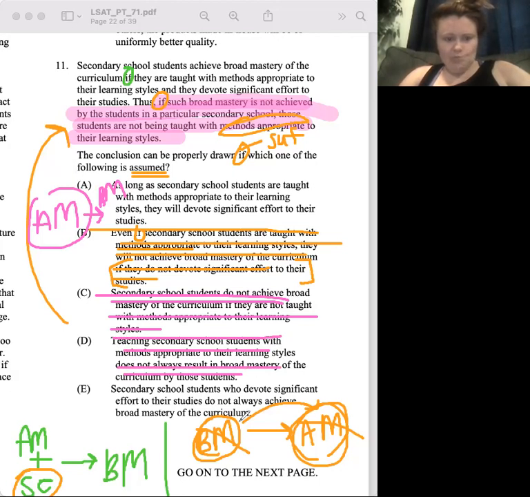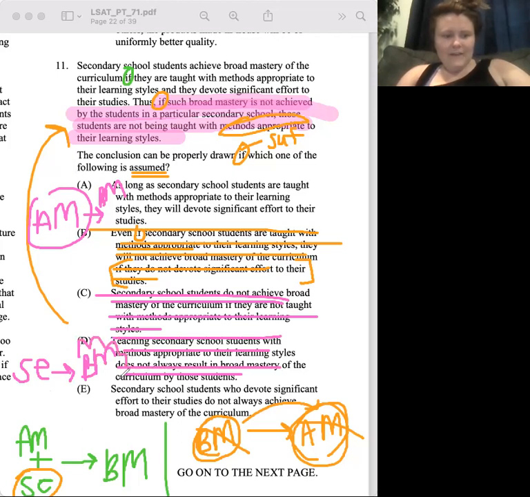So I probably wouldn't choose this one because it's saying students who devote significant effort do not always achieve broad mastery.